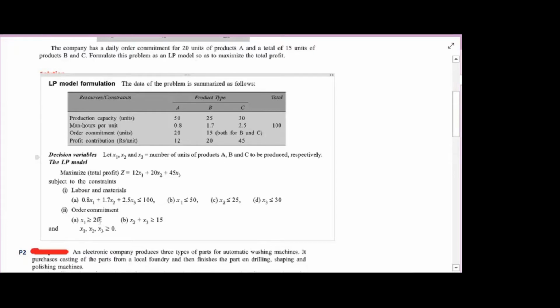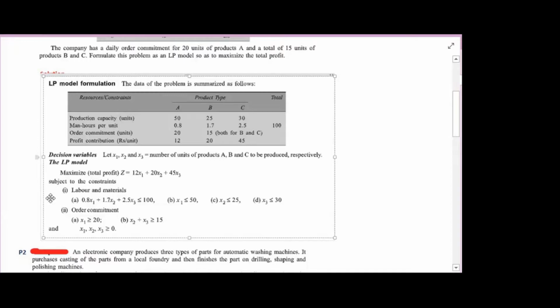We have to produce at least 20 units of A, meaning x1 should be greater than or equal to 20, and x2 plus x3 should be greater than or equal to 50. So we have a minimum production limit and a maximum production limit both. And in all the cases, x1, x2, x3 should be greater than or equal to 0.